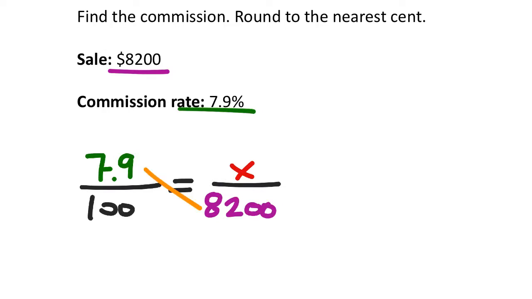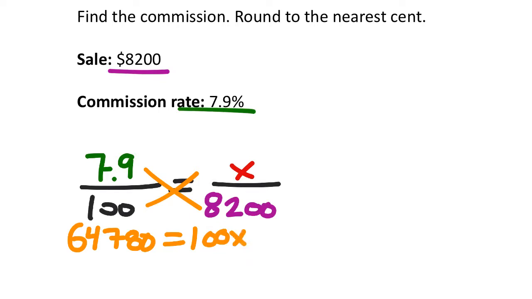So multiplying 7.9 times 8,200. Again, use your calculator just to make sure. 64,780. And this equals the other cross multiplied, 100 times x. Now, divide both sides by 100 to make that 1x.